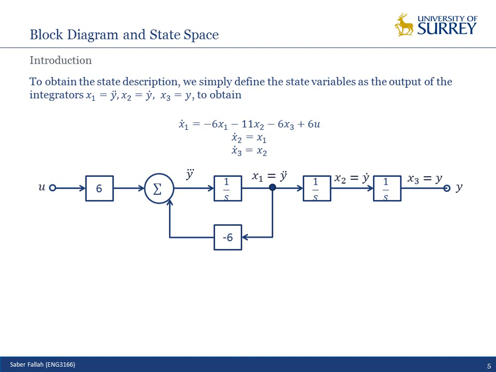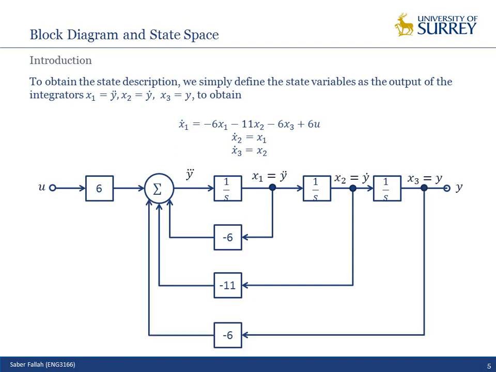So look, I have minus 6x1, minus 11x2, minus 6x3. So y triple dot is minus 6y double dot, minus 11y dot, minus 6y, plus 6u. So you build up the main differential equation using this one. This is the structure you need to use in reality to have this differential equation in a computer. Okay?